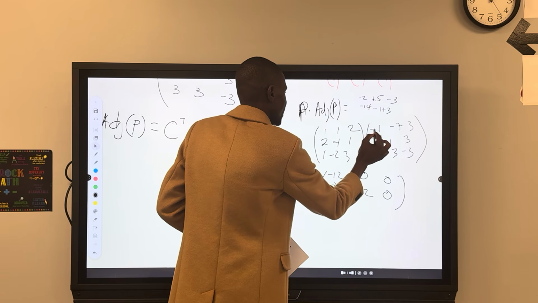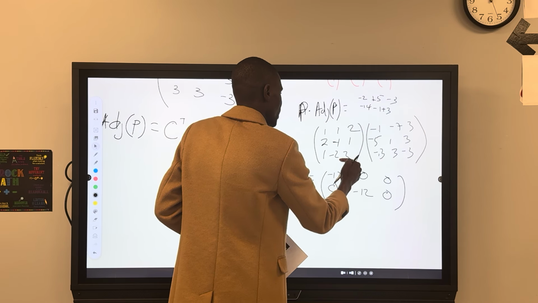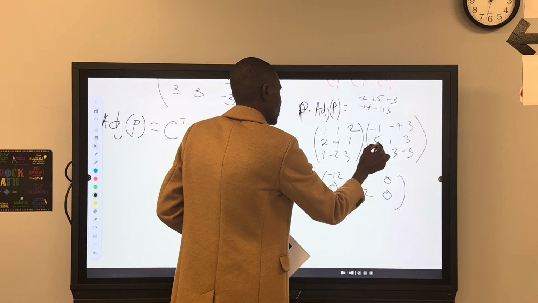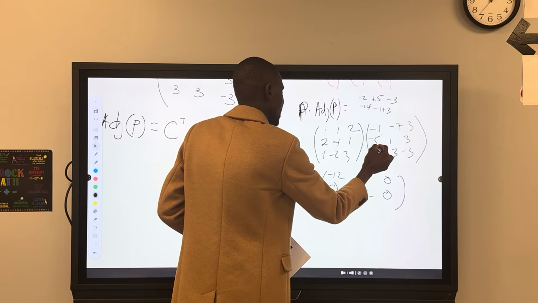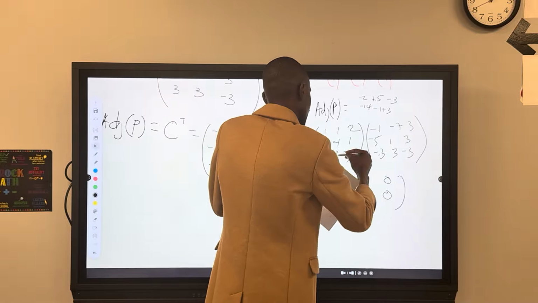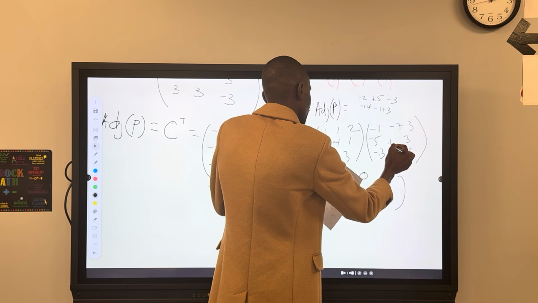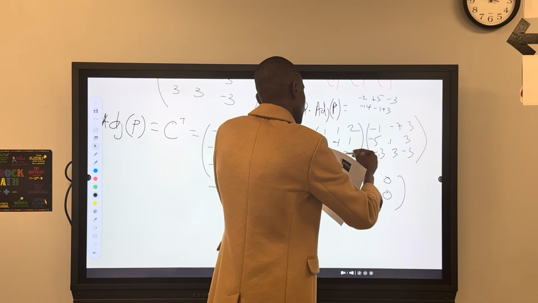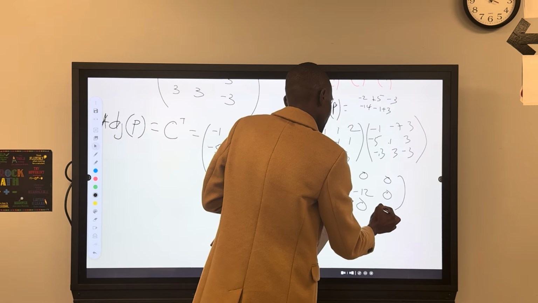Then here, that's 1 times 1, that's -1, plus -1 plus 10, that's positive 9, minus 9, that's 0. Then here, that's -7 minus 2, that's -9, plus 9, that's 0. And here, that's 3 minus 6, that's -3 minus 9, which is -12.